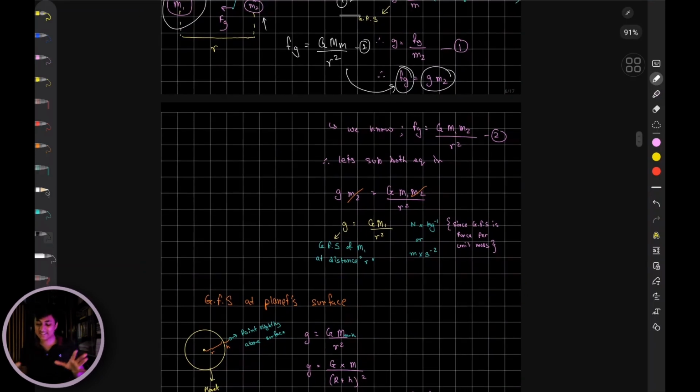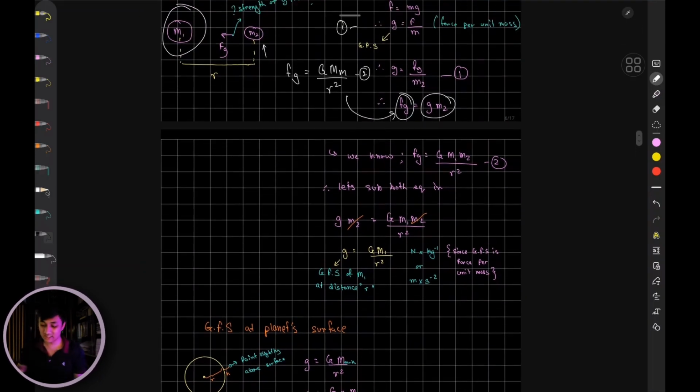Now, there was a simpler way to do this. That is, if you had taken the net force, that is G m1 m2 by r squared, and just plugged in the value m2 equals 1 kg, you would have gotten the GFS formula, GM by r squared.